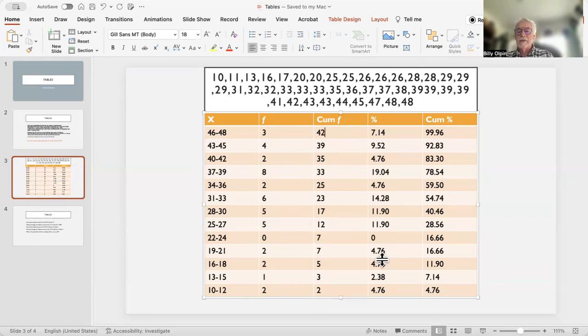Now, I need to start with the percentages, right? So how do I find the percentages? Well, we divide. We talked about this. If I want to know what percentage 2 people is, I divide the 2 by the total number of scores, which is 2 divided by 42, which is 4.76%.